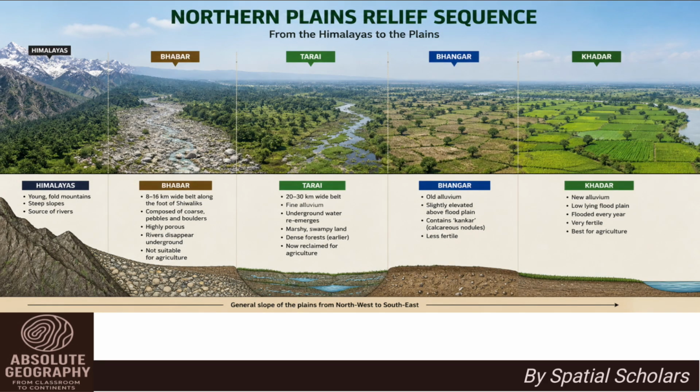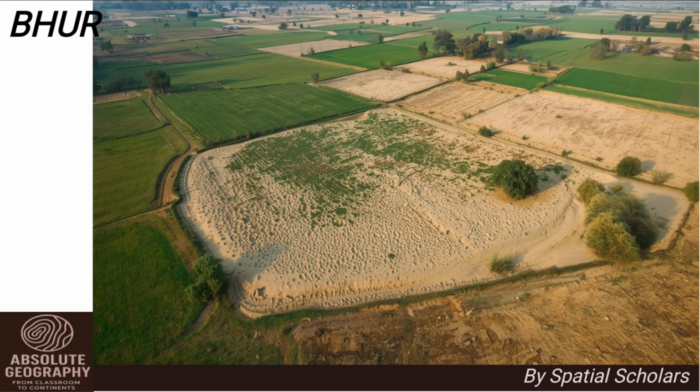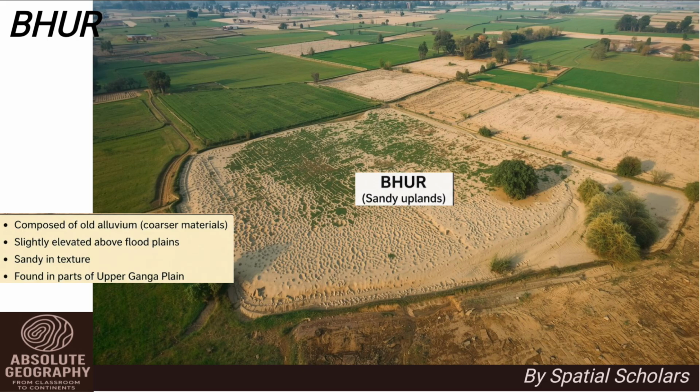Apart from these major divisions, there are certain important local relief features found in the northern plains. One such feature is Bhur. It refers to sandy deposits found mainly in the Ganga-Yamuna Doab. A Doab is a land lying between two rivers.